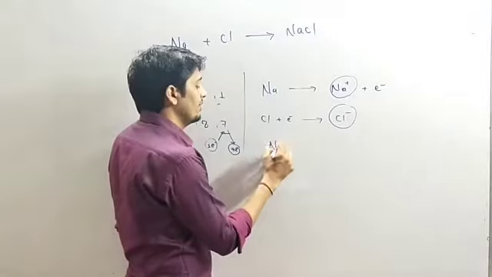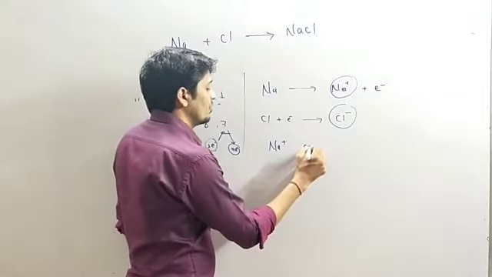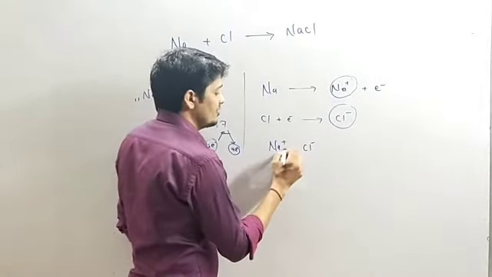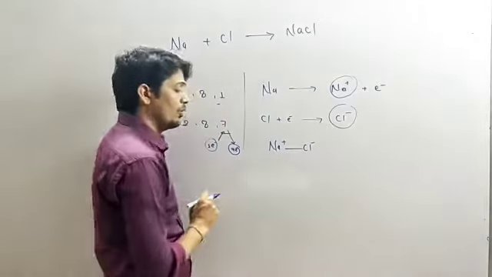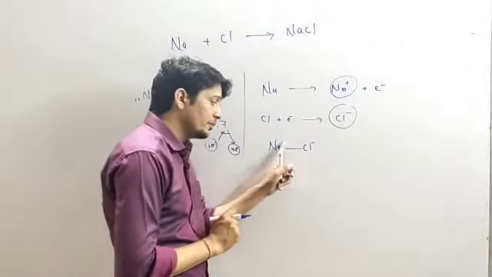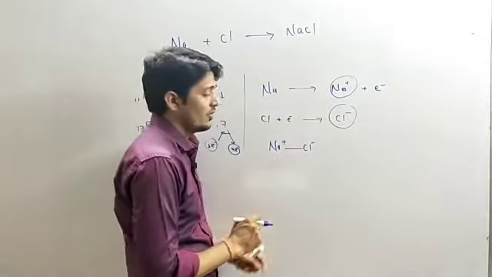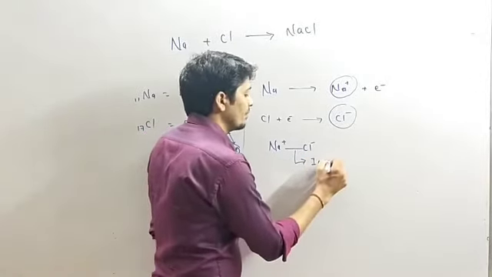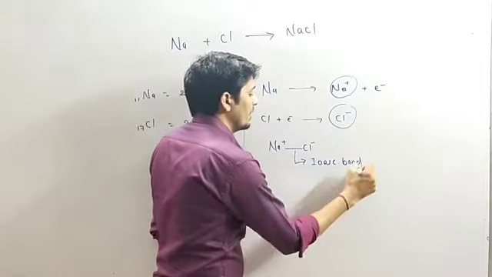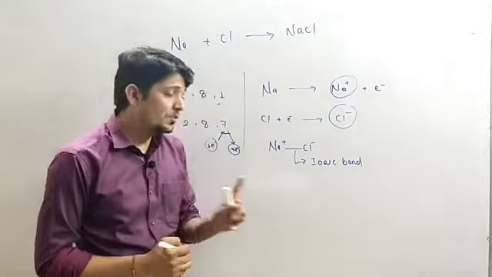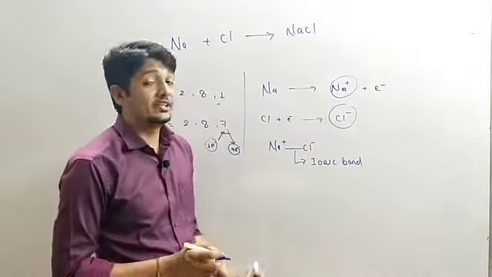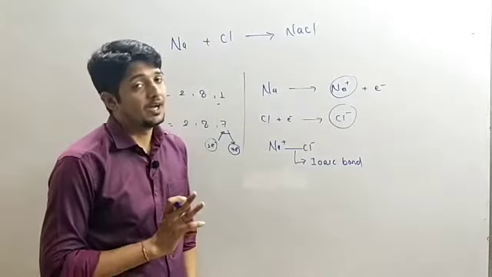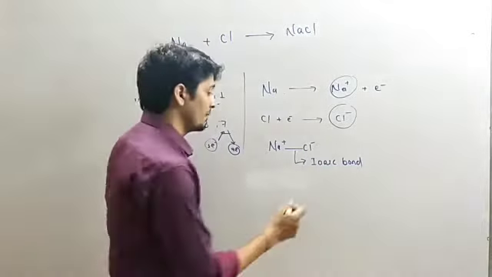Sodium which is positively charged and chlorine which is negatively charged attract to form a bond between ions. That's why it is called an ionic bond, and the compounds formed by ionic bonds are called ionic compounds.